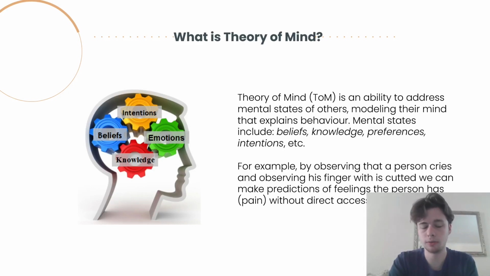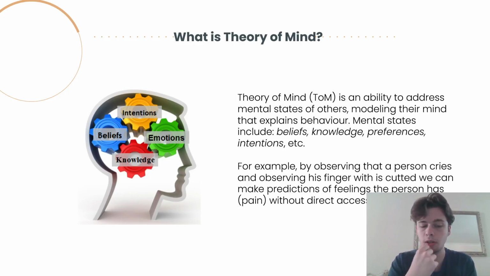The main issue of theory of mind is that the observer doesn't have direct access to the mental states of somebody else, so it must rely on some secondary signals like facial emotions, voice features, behavior, etc. For example, by observing that the person cries and that his finger is cut, we can predict that he feels pain without direct access to emotions.